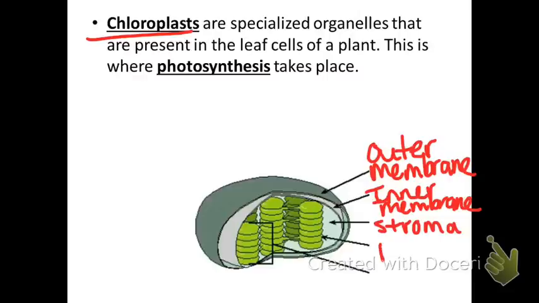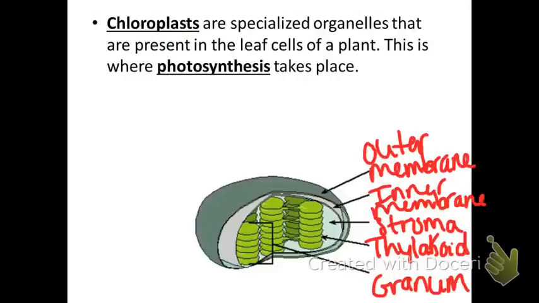And these are called thylakoids. And a stack of thylakoids has a special name called a granum, or grana for plural. So this is the structure of our chloroplast.